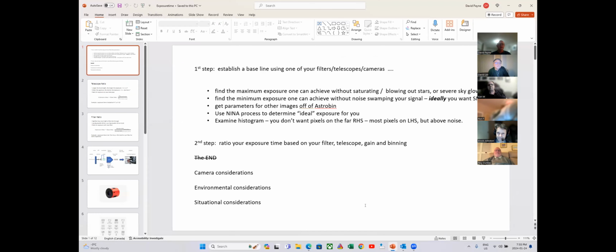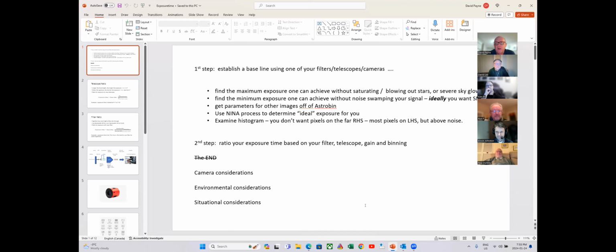And yeah, it's only a few slides long, but the first slide I meant as a little bit of an overview of how I essentially pick my exposure times with a mono camera, but it's basically the same thing with whatever camera you're using. But really, it's only a semi-science.